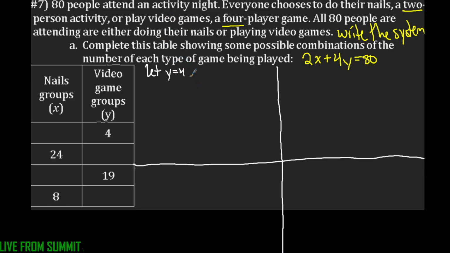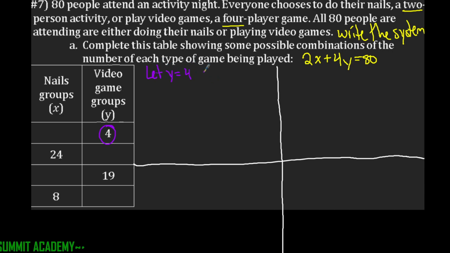And so what I do is I can rewrite my equation. So I have 2x plus 4 times 4. I actually do, let's do it like this. Different color. So let's say for this one for 4, so we're saying let y equal 4.